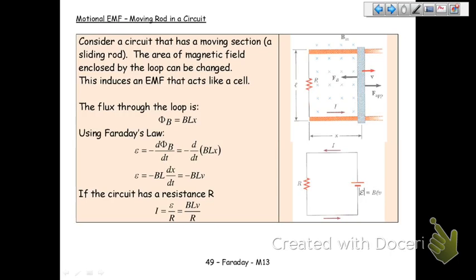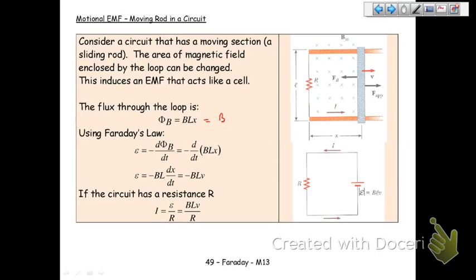So what we say is consider a circuit that has a moving section, a sliding rod. The area of the magnetic field enclosed by the loop can change. This induces an EMF that acts like an electrical cell. So the flux through the loop is BLX. The flux is equal to the magnetic field times the area.